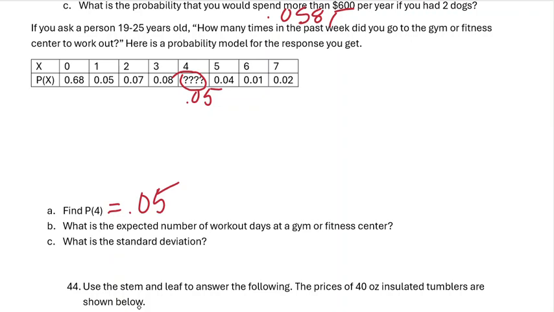One variable statistics L1, L2, you end up with 1.03 for the mean, and the standard deviation comes out to be 1.769.